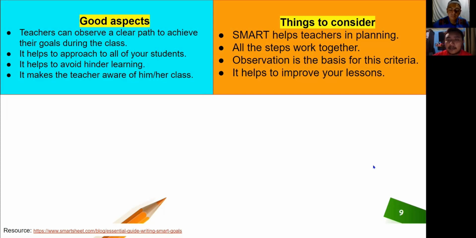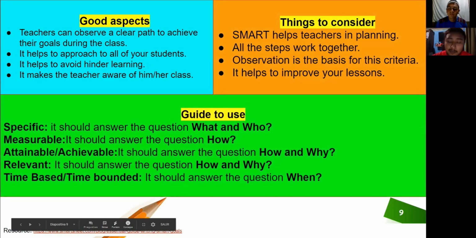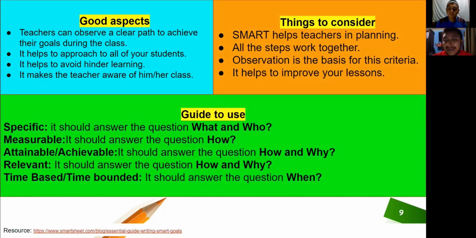Now, here we have some other things that you might want to observe, which are the guides on how to use these criteria whenever you are creating your objectives. So I will ask you, Daniel, if you can read the little description, meanwhile I say the names of the SMART, please.